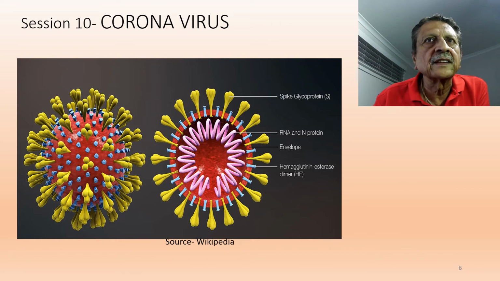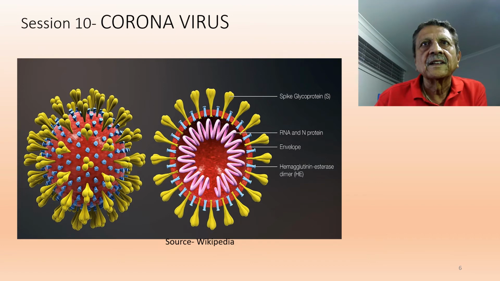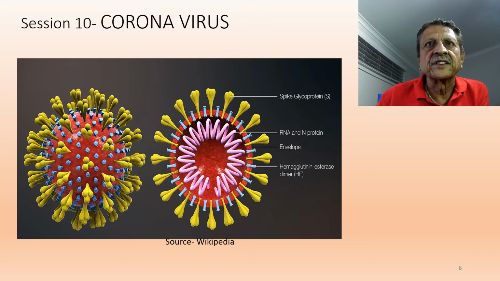On the left you find the whole virus, which is a big round ball-like structure with protrusions of spikes, which are proteins. If you look on the left, you will find the inside of the virus, which contains the RNA protein.